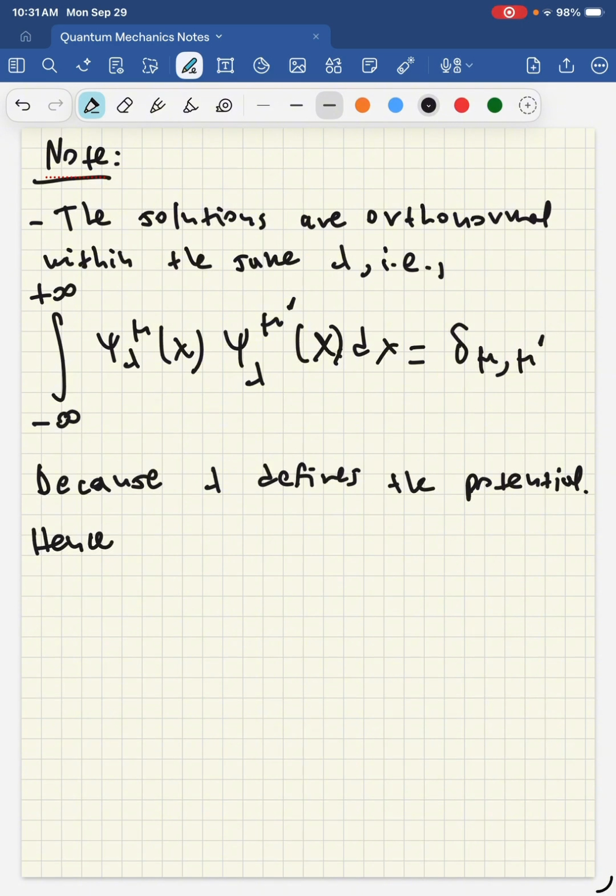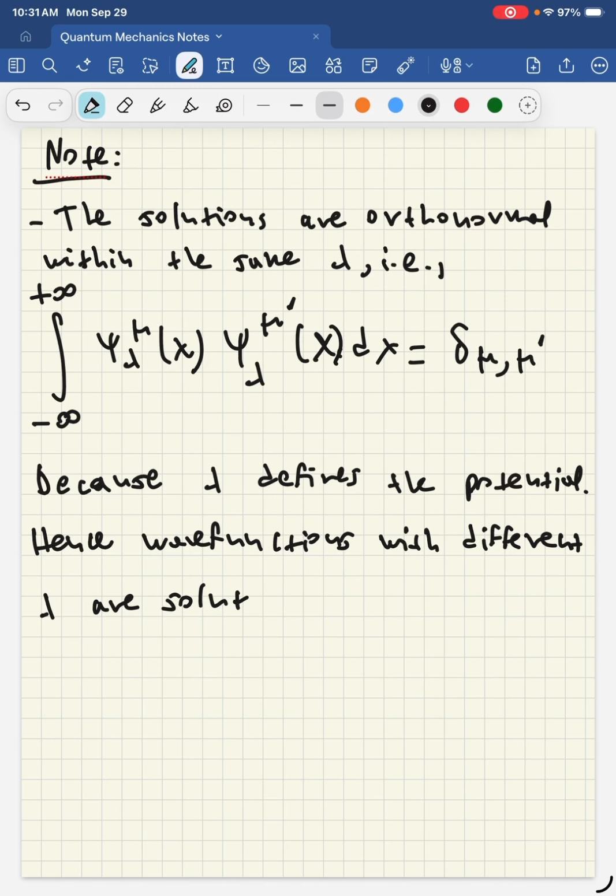Hence, wave functions with different lambdas are solutions to different potentials.